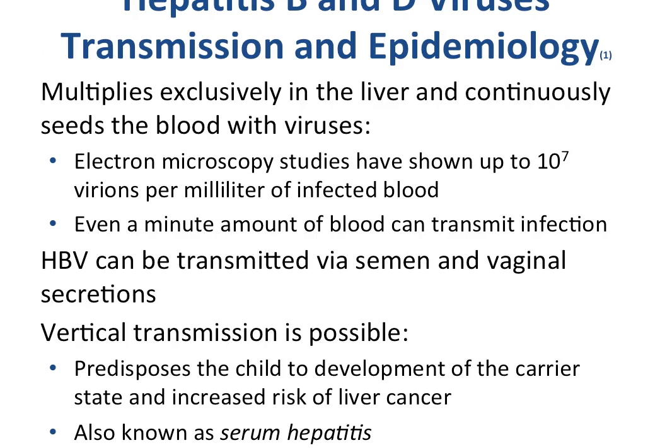HBV can also be transmitted through sexual contact, because HBV can be secreted through semen and vaginal secretions. Vertical transmission is also possible, so the mother can transmit it to the neonates.